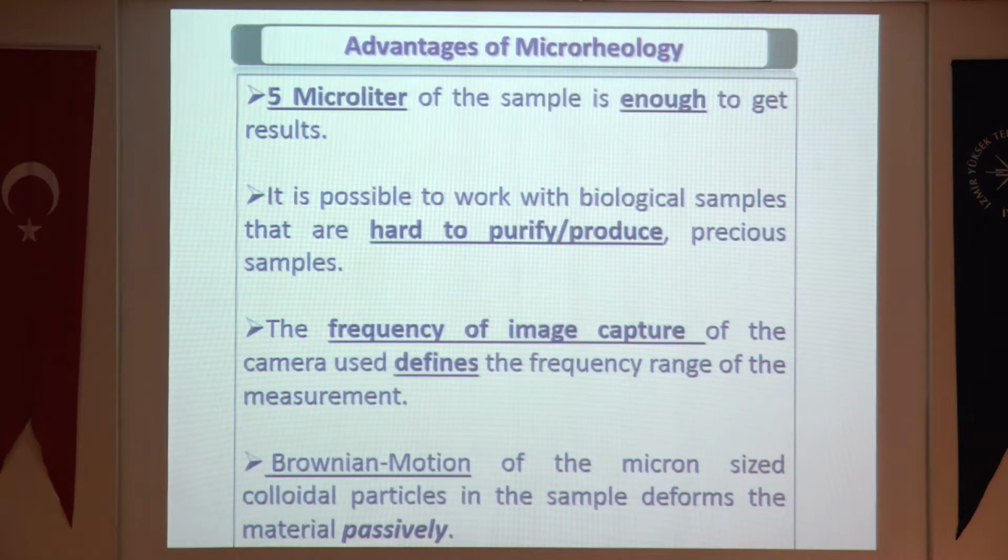In a rheometer, you apply a physical, external force with your setup. But once you put the colloidal particle in the system, since it's doing Brownian motion, it's deforming the material automatically. Which means it's passive. You just sit and watch and measure the position of the Brownian particle.